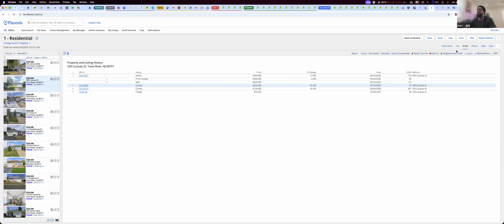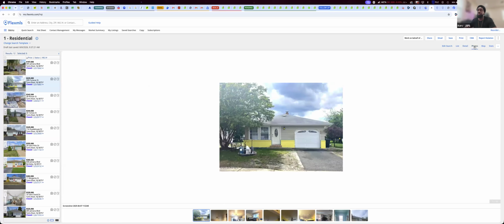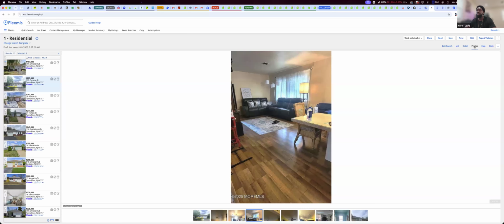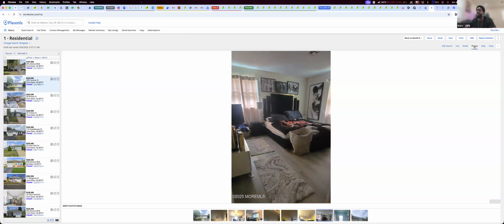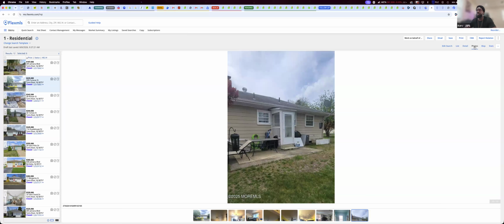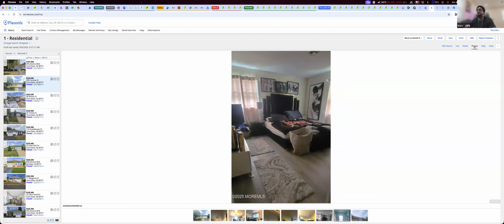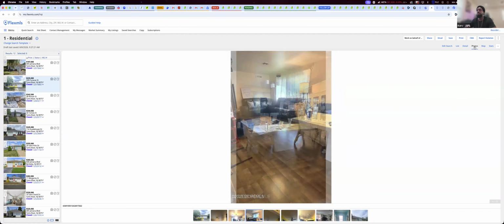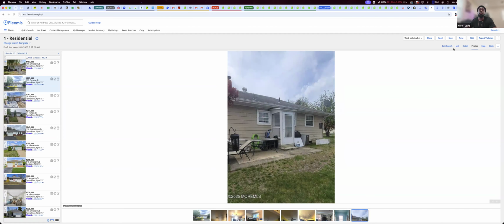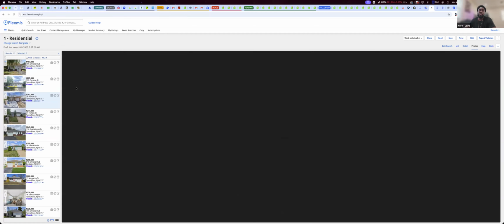And then we can actually see what it looked like prior to them renovating it. As you can tell, for $225,000, this house wasn't in terrible condition, but it still needed work. So that sold for 225, bought by an investor.